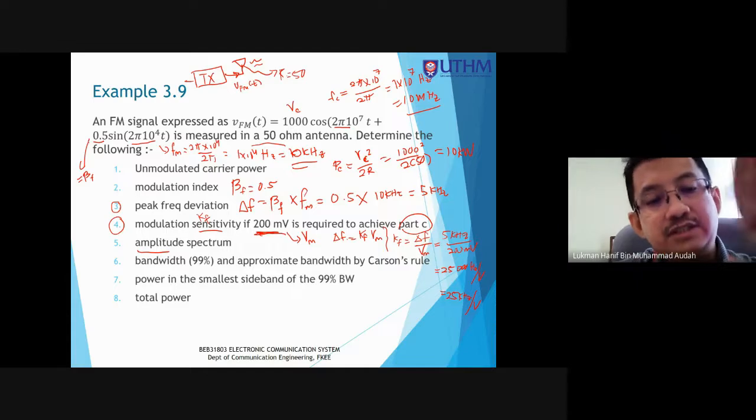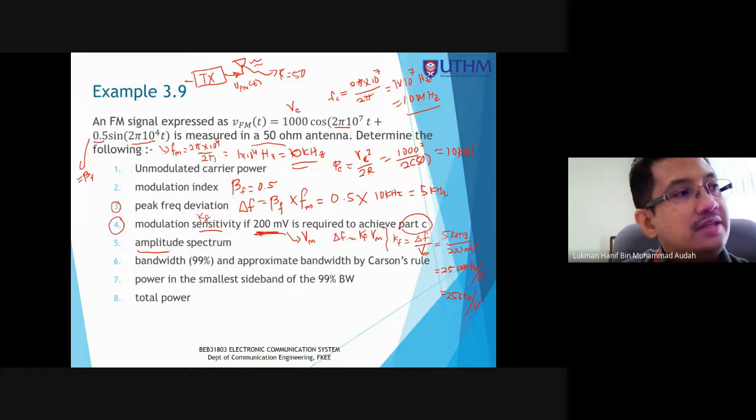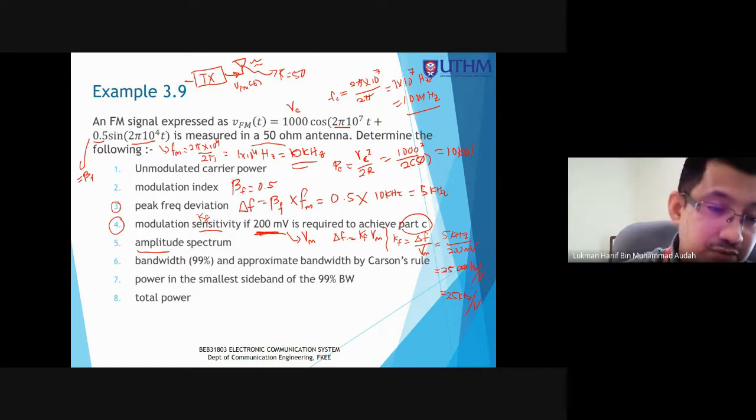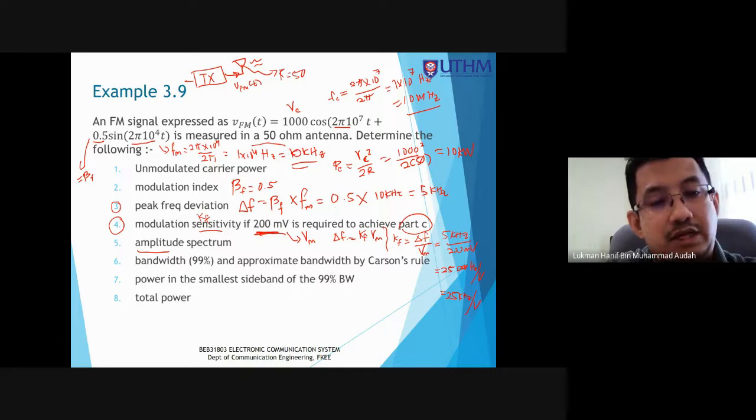V versus frequency, it is not J. If the question asks to draw the relative amplitude spectrum, that means the student is asked to draw J versus F.